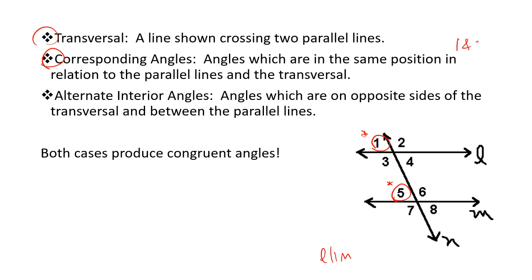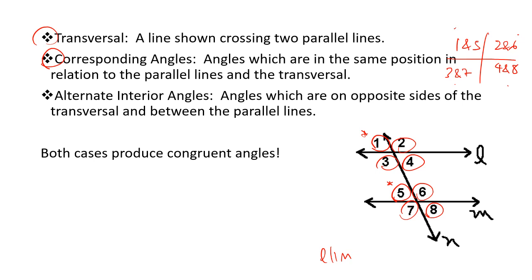We'd also see that 4 and 8 would be corresponding. We can see that 3 and 7 would be corresponding. And we can see that 2 and 6 would be corresponding. So we can see upper left, upper right, lower left, lower right. We can see the position where they are.